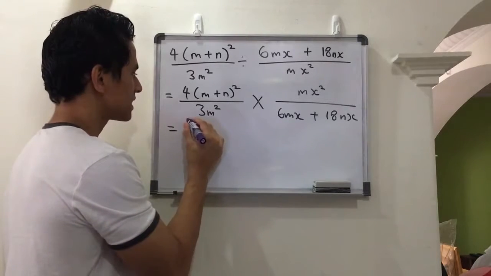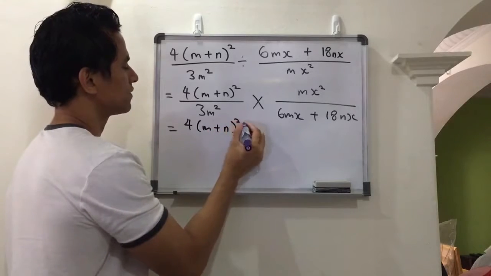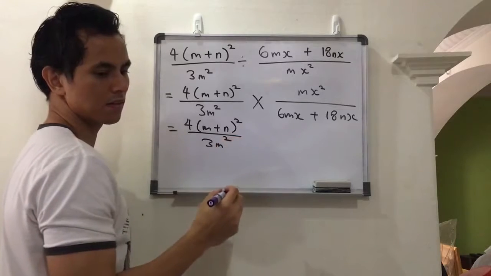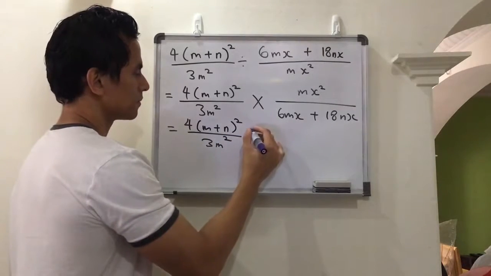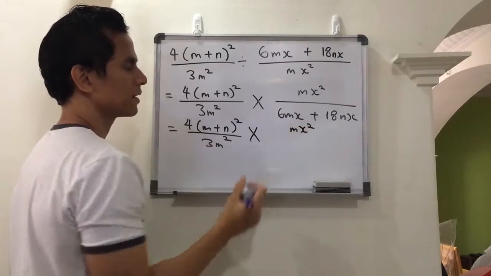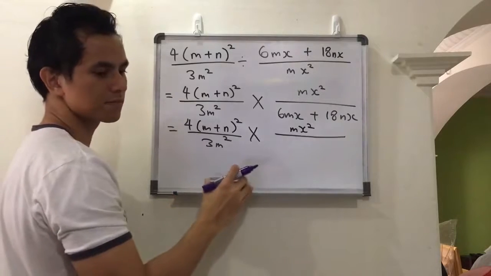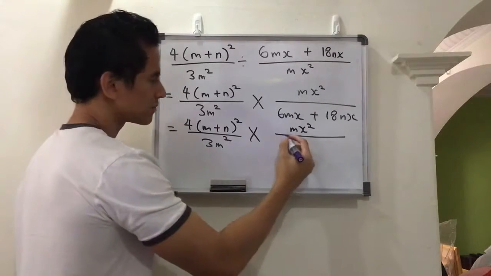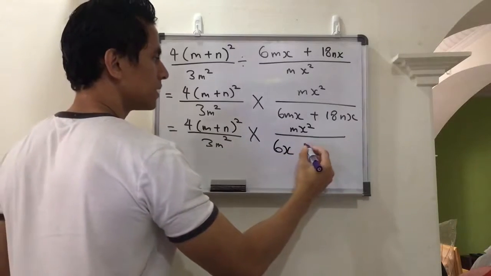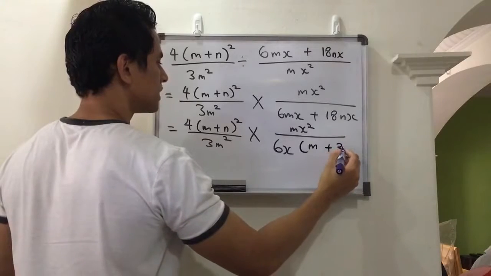Let me rewrite this left hand side here, times the square. So I pull out 6x here. This gives me m plus 3n.